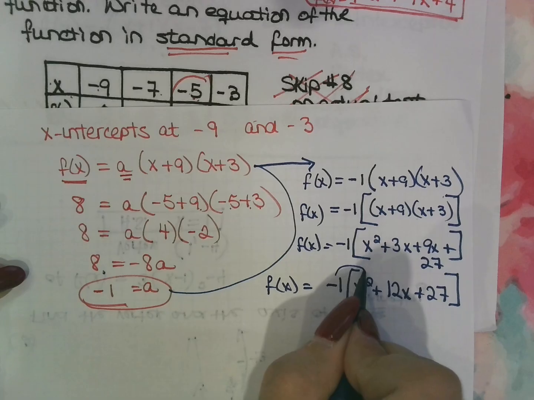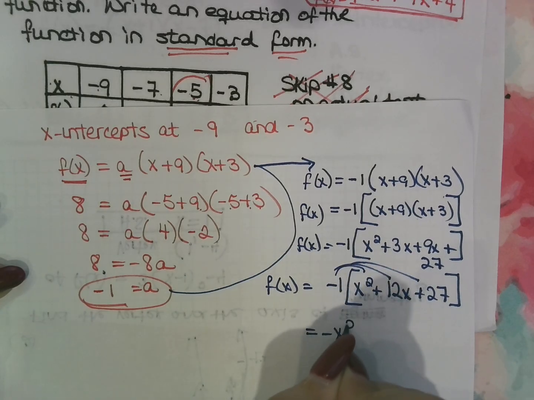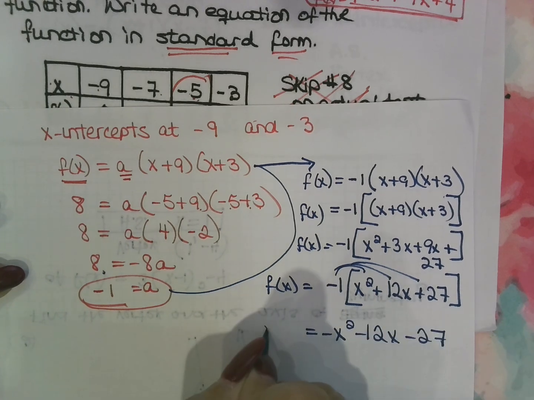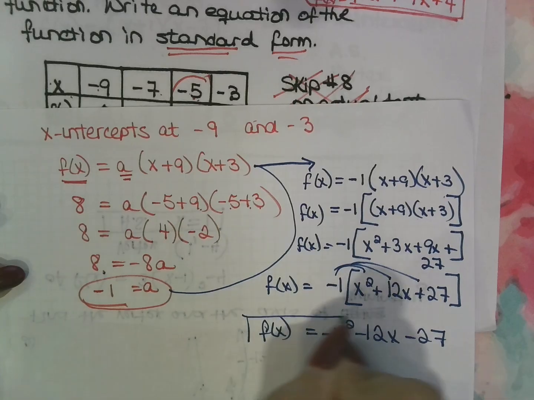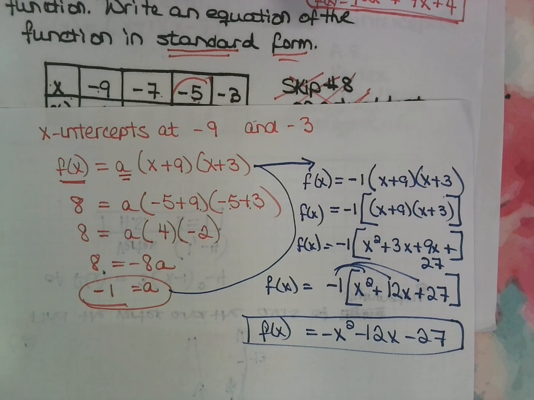And now we're going to distribute the -1 with each term. That's -x squared minus 12x minus 27. And now you are done. And that is the end of the study guide for Chapter 2. See you next time.